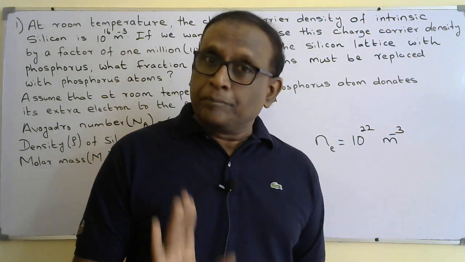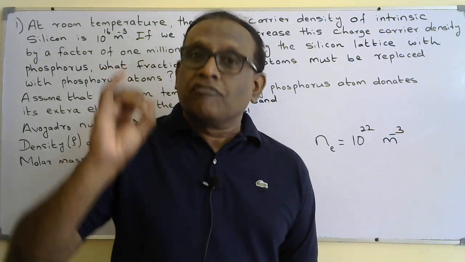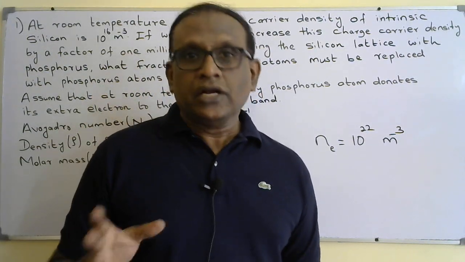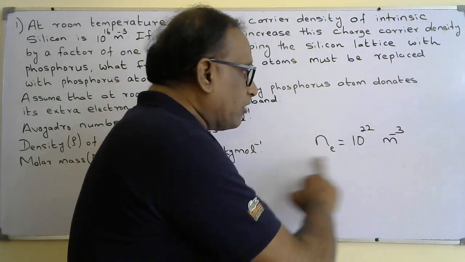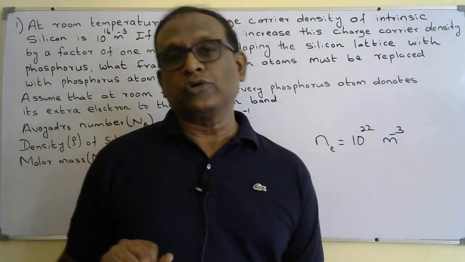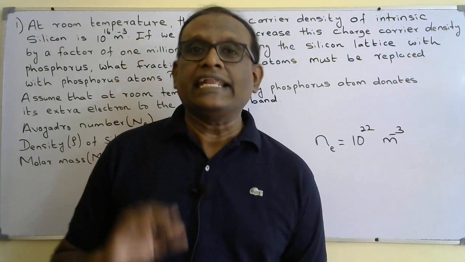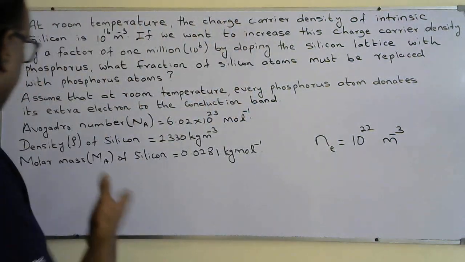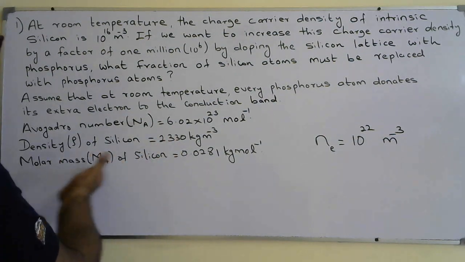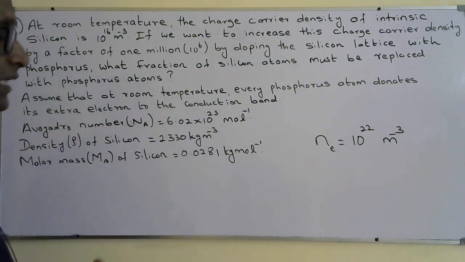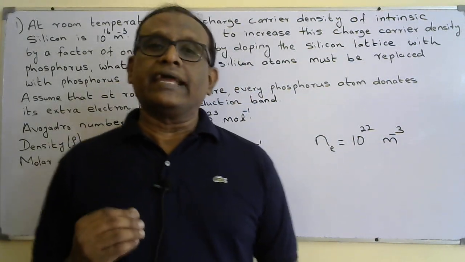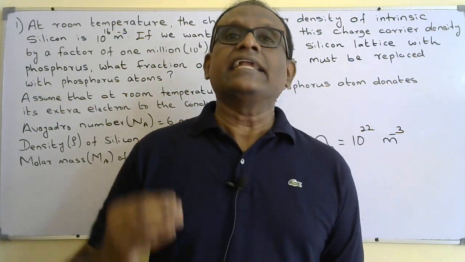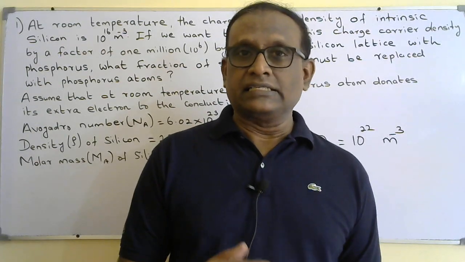Then, here they have given the density of silicon, molar mass of silicon and the Avogadro number. By using those, we will find how many silicon atoms exist in an intrinsic semiconductor per meter cube.